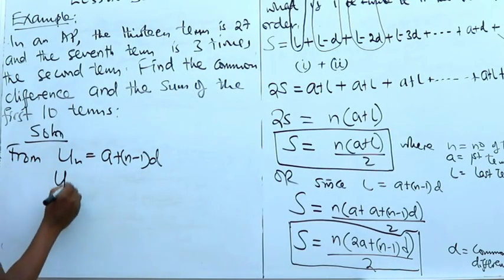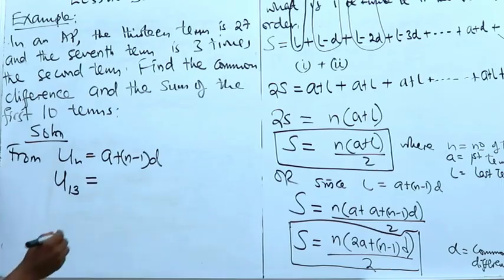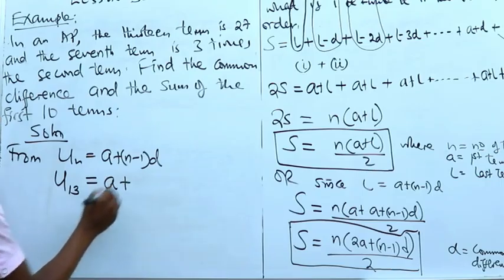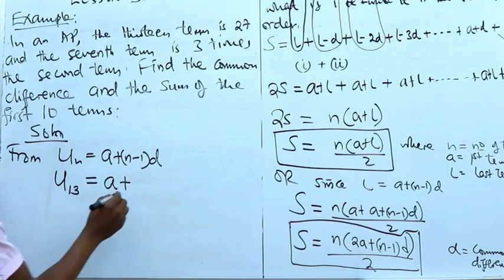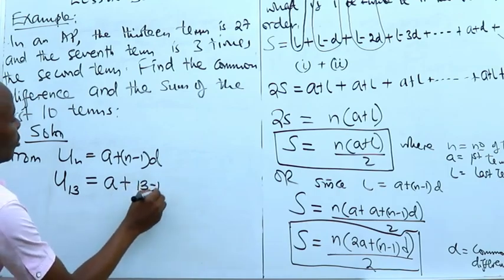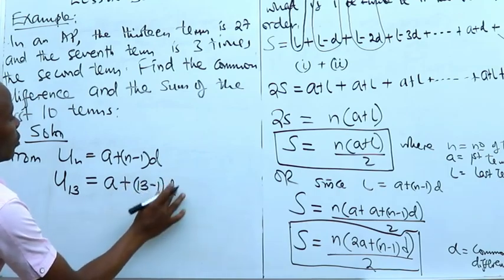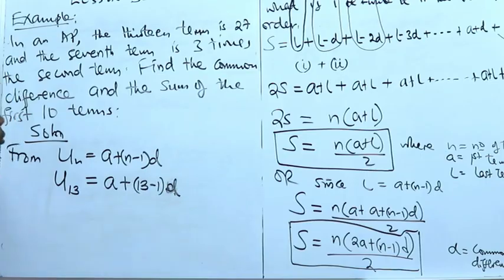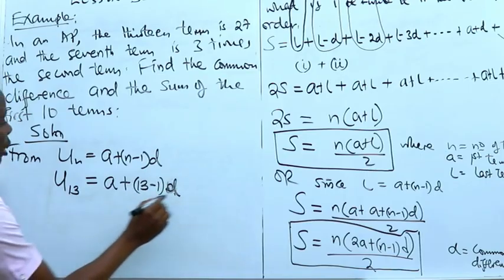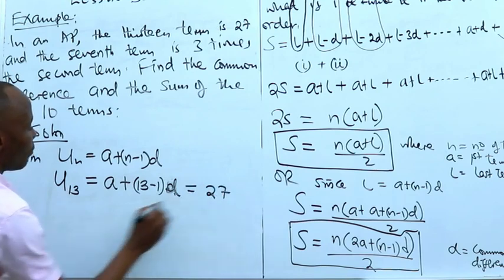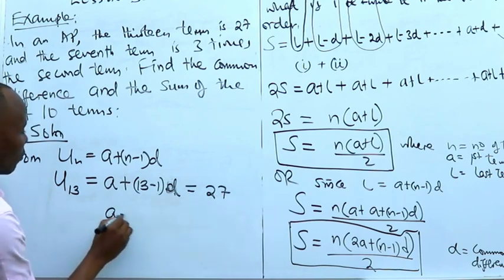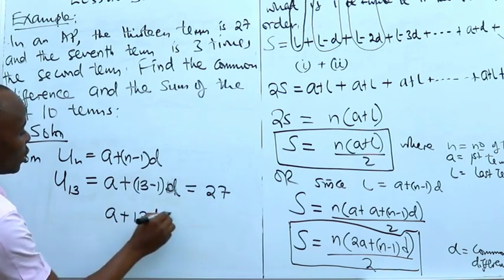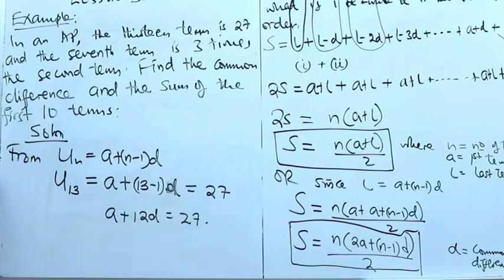So we have U13, meaning 13th term, is equal to A, we don't know A, plus n, that is 13 minus 1, into D. But they have told us that this is 27. So therefore, we have A plus 12D is equal to 27.